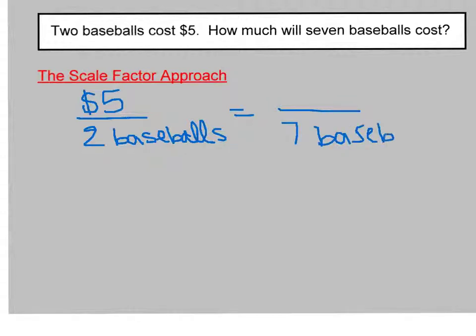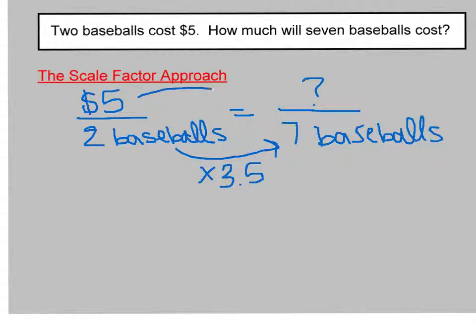When I think about this approach, what I'm thinking about is if baseballs came in packs of 2, how many packs of 2 would we need? Thinking about if you could break a pack apart. So I know that factor in my head, I would need 3.5 packs of baseballs, because I know 4 times 2 would give us 8 baseballs.